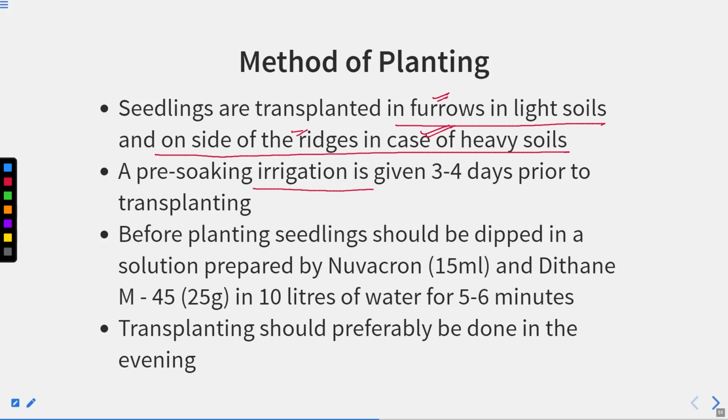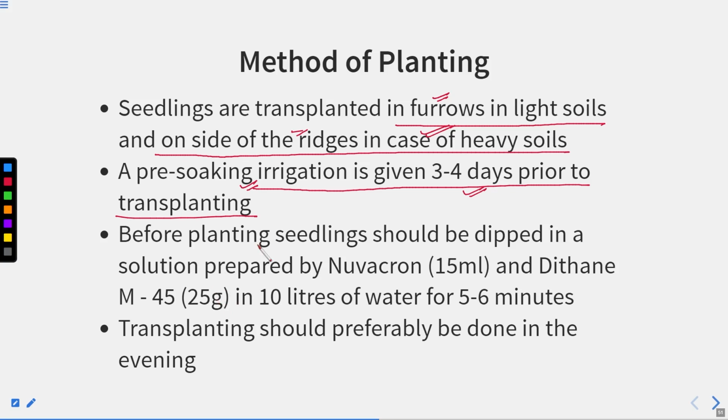Pre-soaking irrigation is given 3 to 4 days prior to transplanting. Pre-soaking irrigation means irrigation done before transplanting, 3 to 4 days prior.